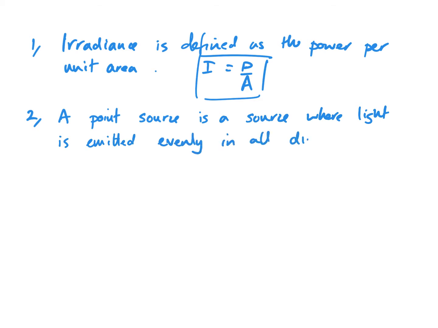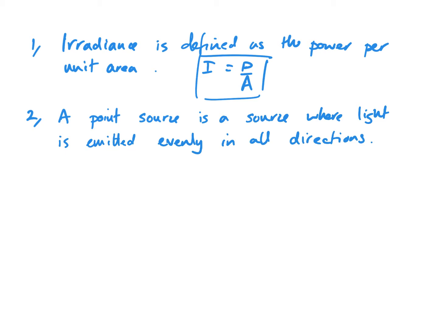A point source is a source where light is emitted evenly in all directions. So stars are actually quite good at that. They're roughly spherical, so they emit light equally in all directions. A small light bulb is a decent approximation of it as well.